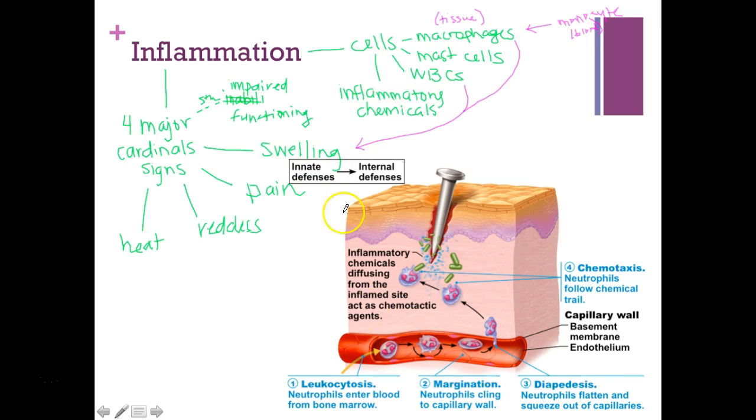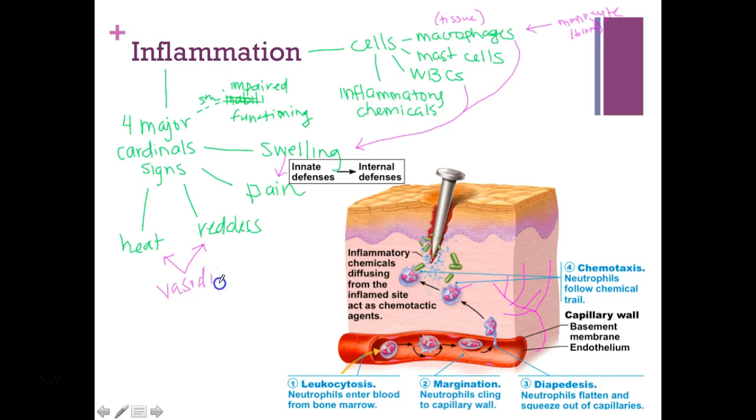Now, because we get swelling occurring from all this blood flow and the greater amount of white blood cells in this area, that's going to put pressure on our free nerve endings in here. They don't have any pictured in here, but I'm going to add one. So when we get more cells here, it puts pressure on these free nerve endings, and that's going to result in pain. Now, because we have more blood flow coming into this area, and this is all happening through vasodilation, I'm going to put these two are caused by vasodilation.